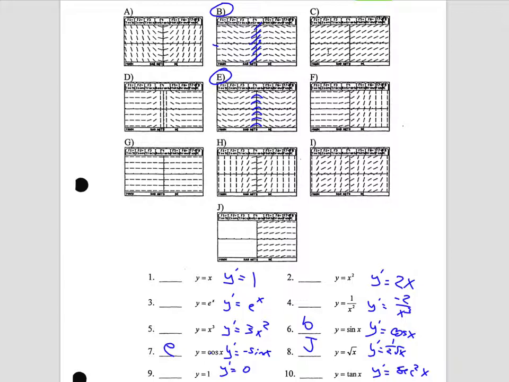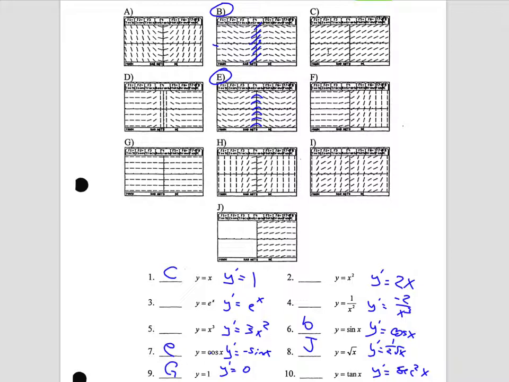All right, what else? Is 9 C? What do you guys think? C is 1, and 9 is G. And to me, the derivatives are helpful on those two.